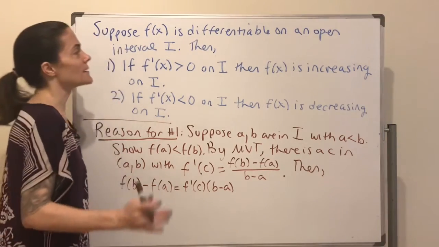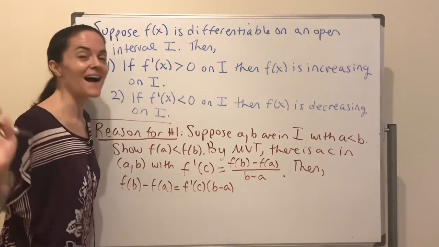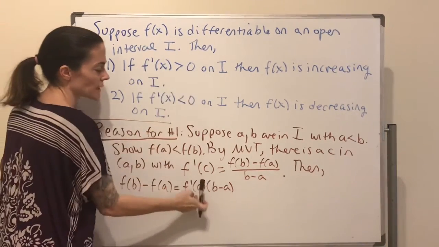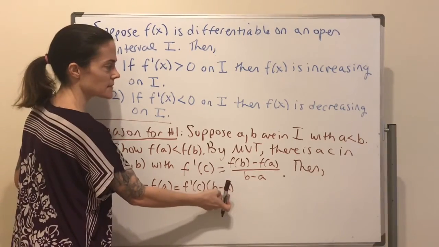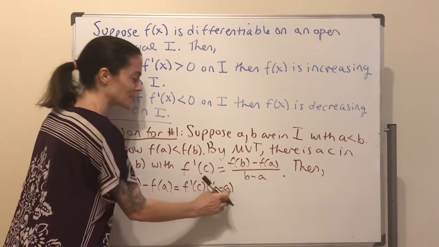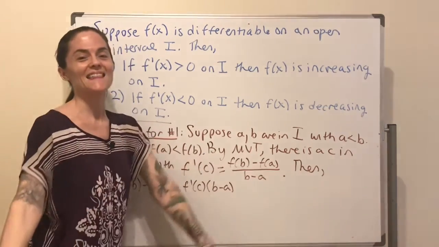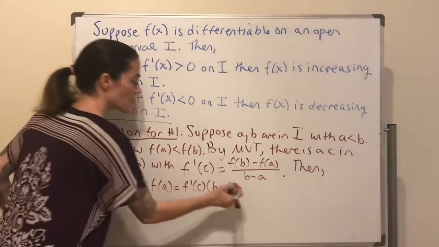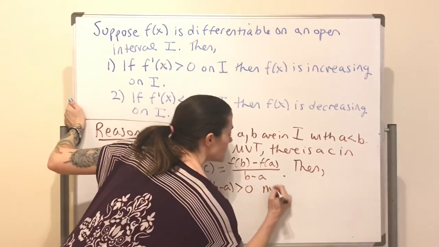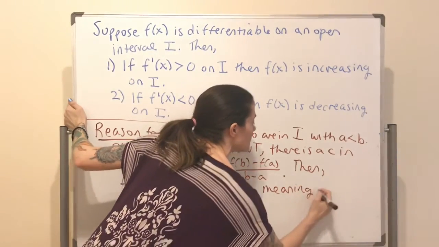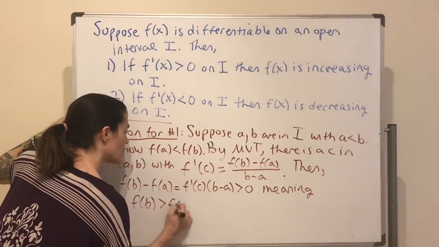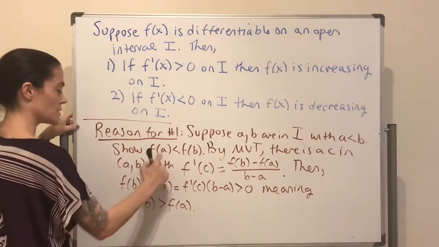So in particular, c is in capital I. Okay, this means f prime of c is strictly positive and a is less than b, so b minus a is strictly positive. If you take two strictly positive numbers and you multiply them together, you get a positive number. This is positive. This means that f of b is greater than f of a. And this is what we want to show.